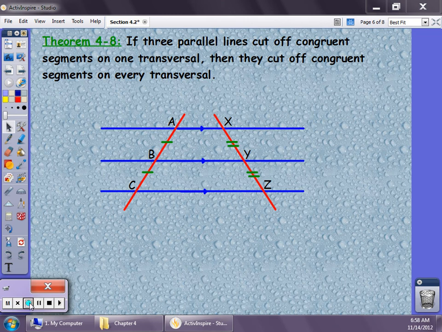If AC has a midpoint of B, and the markings indicate that AB is congruent to CB, then on the second transversal, XY, it means that XY is going to be congruent to YZ. It doesn't necessarily mean that AB is congruent to XY, but what it does mean is that if segments are congruent in one transversal, then in the other transversal, it also makes those segments congruent as well.